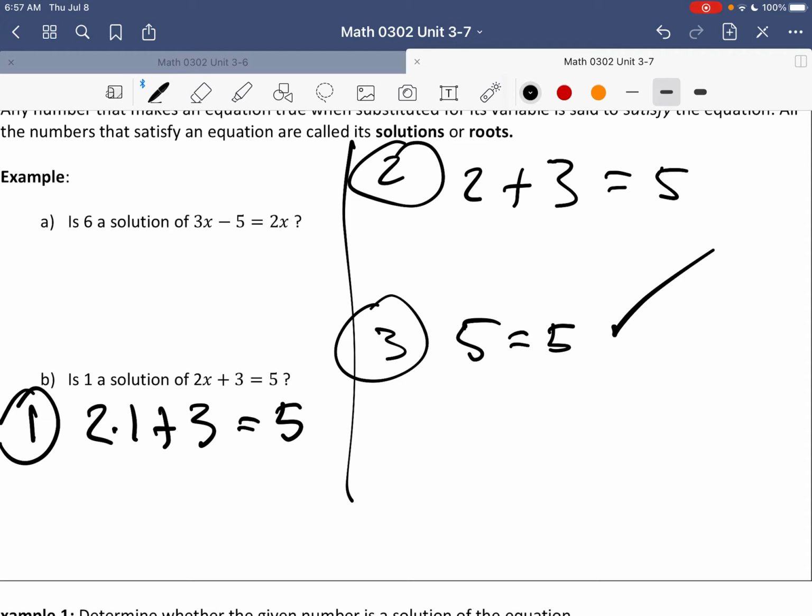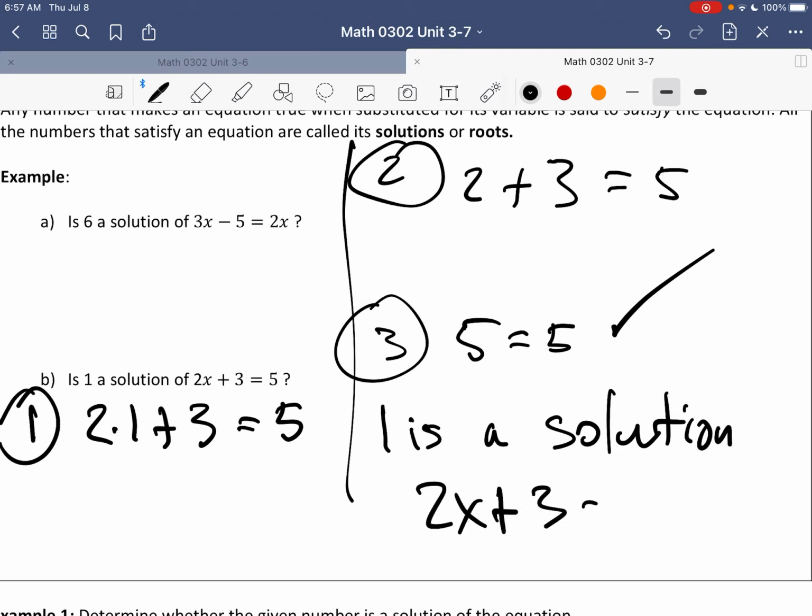The left-hand side is equal to the right-hand side. So this means that 1 is a solution to the equation 2x plus 3 equal to 5.